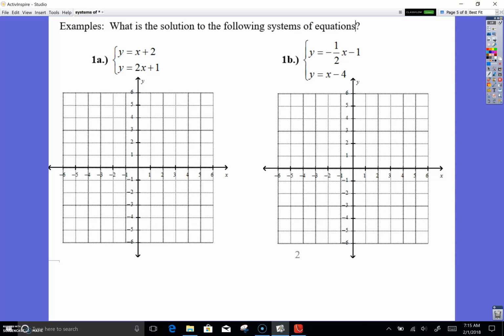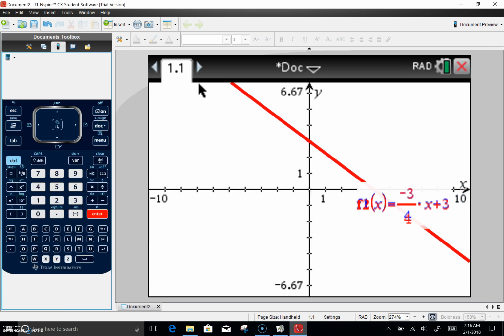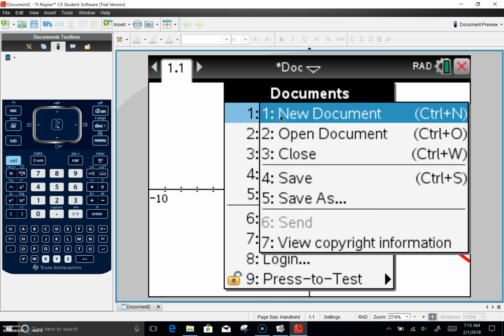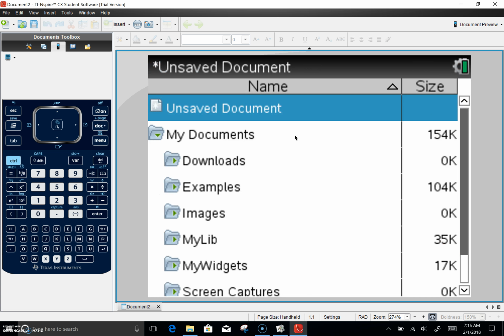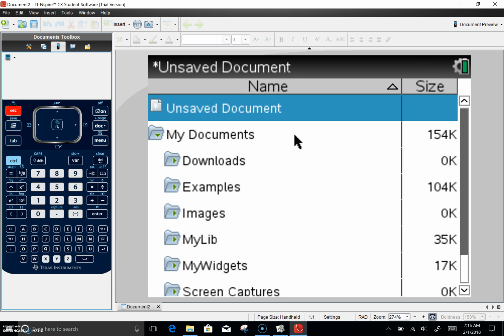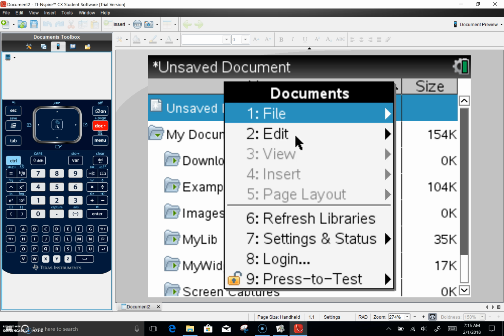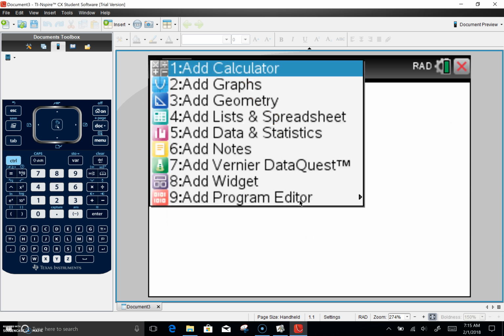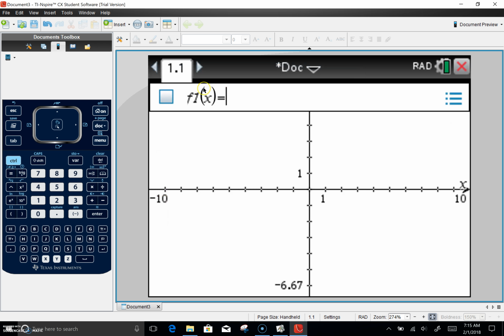Now, what is the solution for these? So, I'm going to use the calculator again. Again, I'm creating a new document each time. Okay, I'm adding a graph.